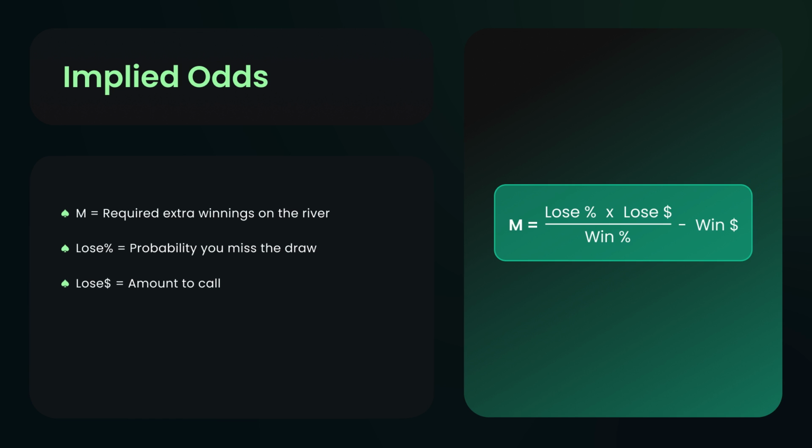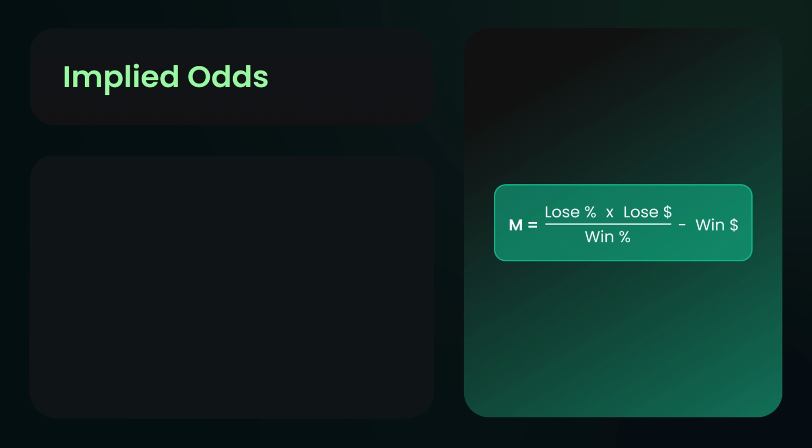Lose dollar amount is the amount to call, the current bet, and win dollar amount is the pot plus the bet. That is to say, the size of the pot plus the size of the current bet. So you take all of these, you plug them in, and you can figure out exactly how much money you'll need them to put in on the river in order for your draw to be good.